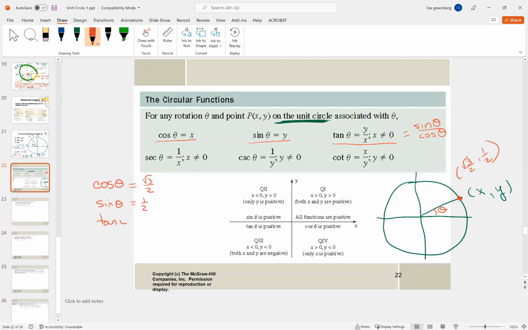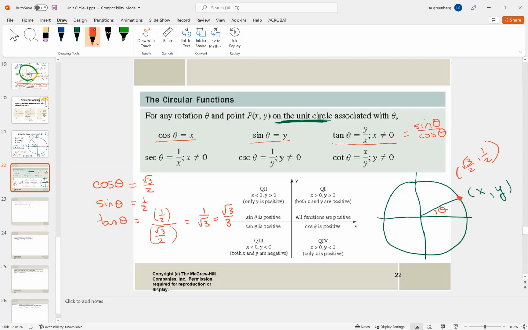My tangent of theta is going to be the sine over the cosine, so 1/2 over the square root of 3 over 2, which is equal to 1 over the square root of 3. If I rationalize this, it becomes the square root of 3 over 3. So those are my main functions.